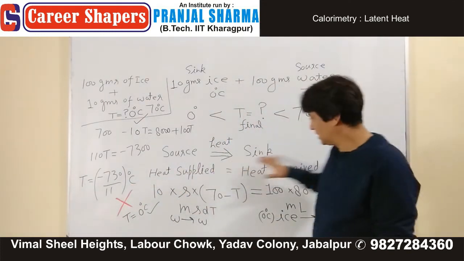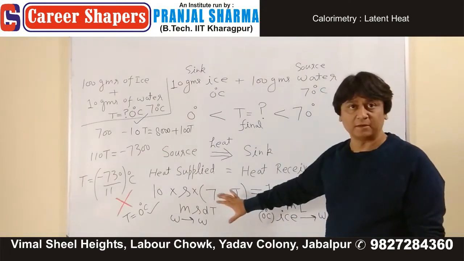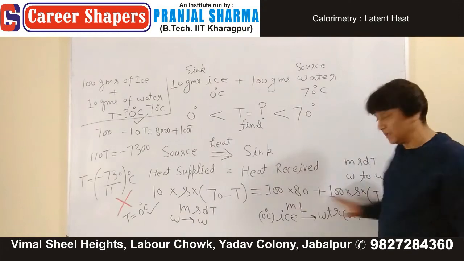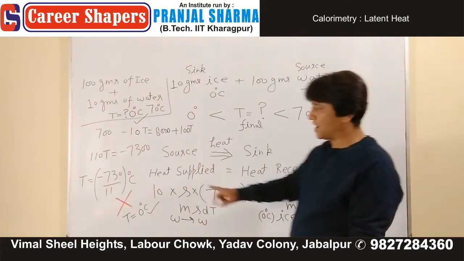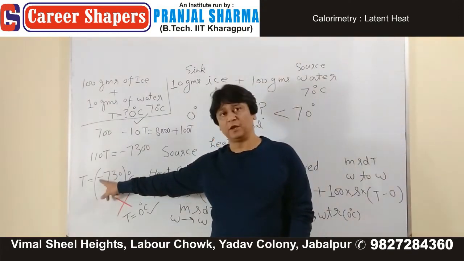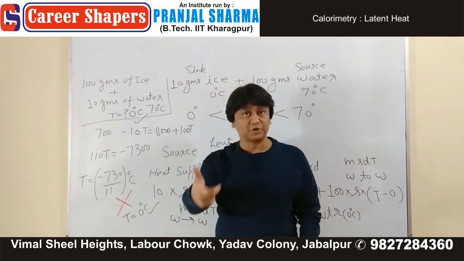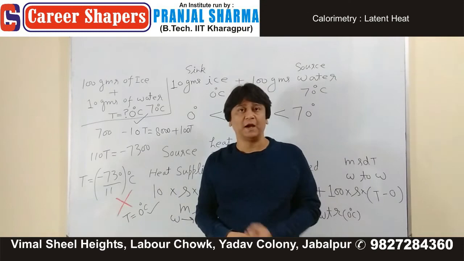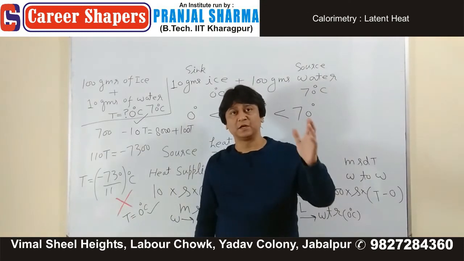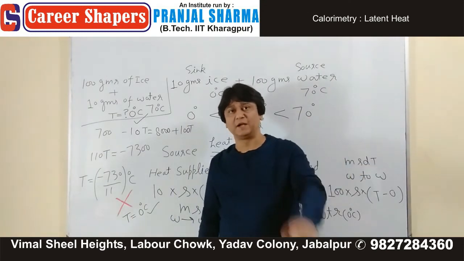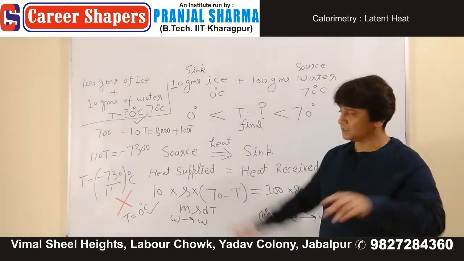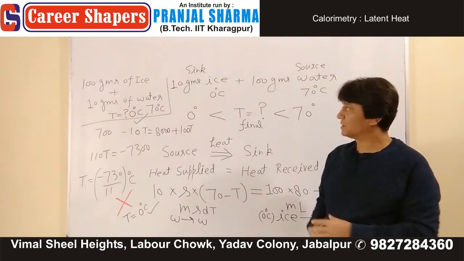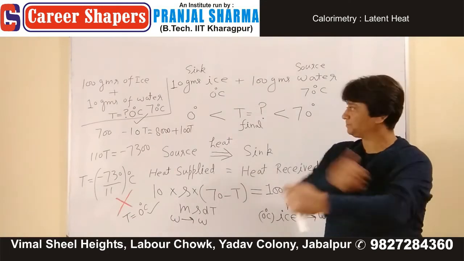If you did everything correctly without committing any mistake and you arrive at a negative value, then it tells you that T is 0. It immediately tells you that ice does not melt completely. Why maths is giving us a negative sign, मैं वो भी समझाऊंगा, but देखना यहां पर हुआ क्या था.